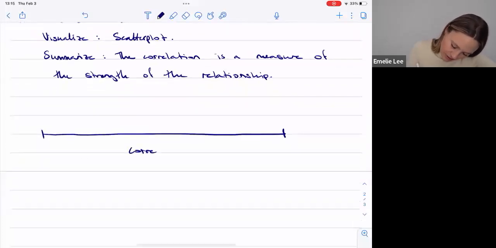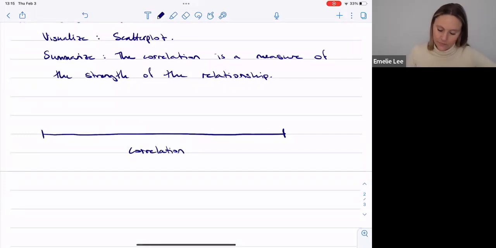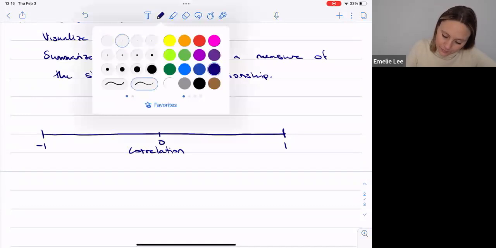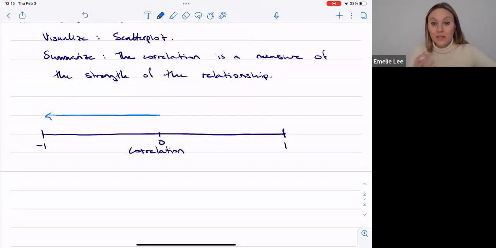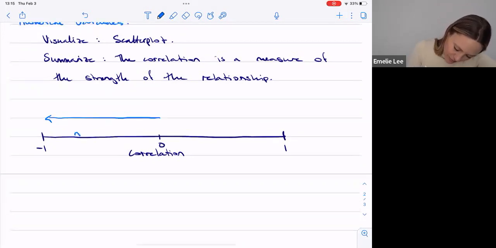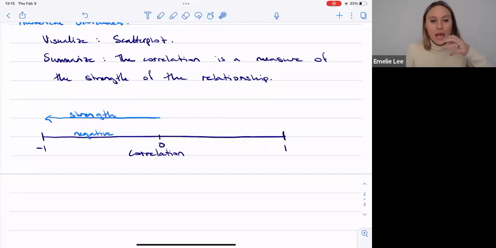So correlation can be between -1 and 1, with 0 in the middle. It's the strength, right? This is a negative relationship, and the strength increases as you move from 0 out to -1.